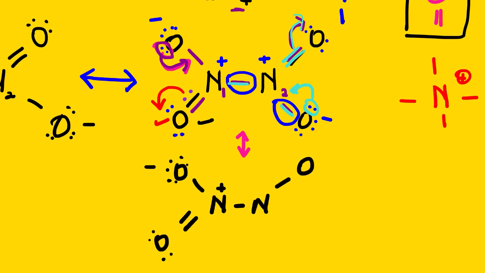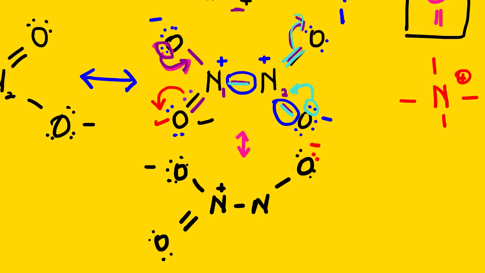So the resonance structure, we are going to have something like this. If you push this double bond here, those electrons shift from the double bond to oxygen as lone pairs, and it will yield a negative charge.